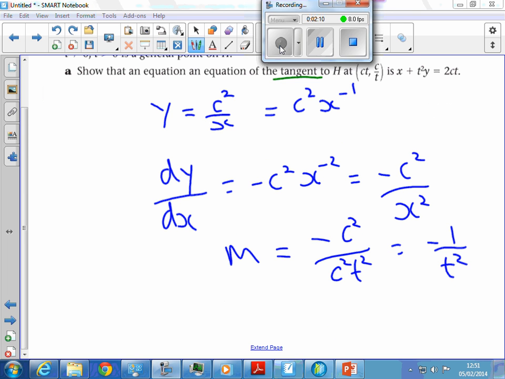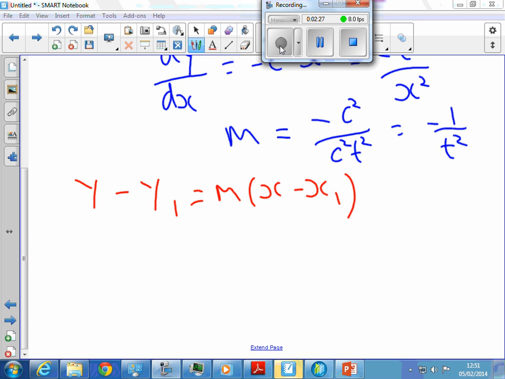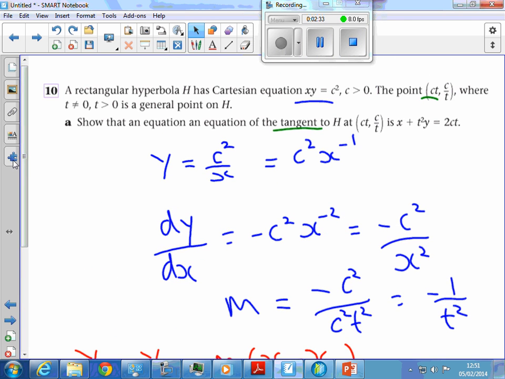So now I have my gradient. So let me remind you that the equation, now remember the word tangent is simply a straight line. And the equation of a straight line is y minus y1 is equal to m times x minus x1. We are given, I'll highlight this again, that's your x1, that's your y1.